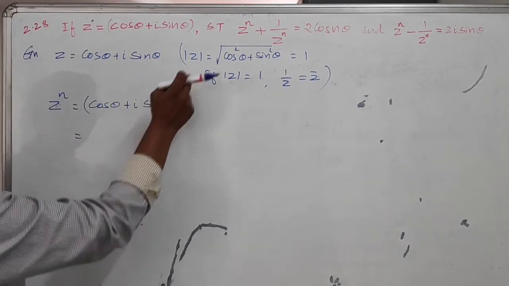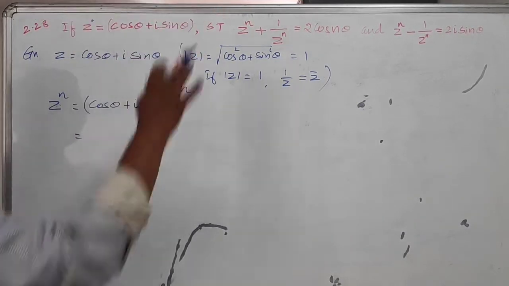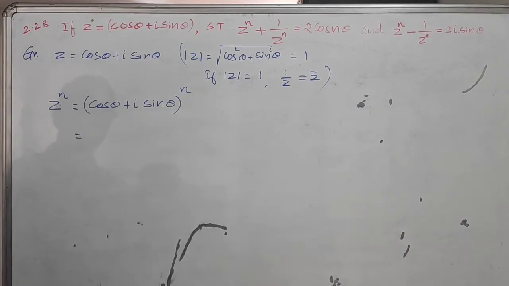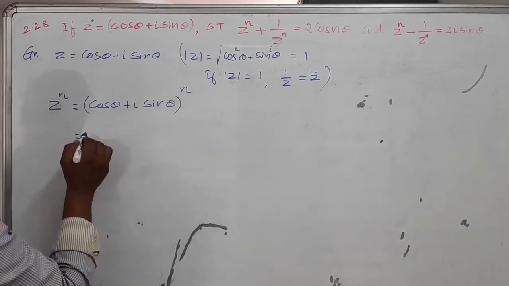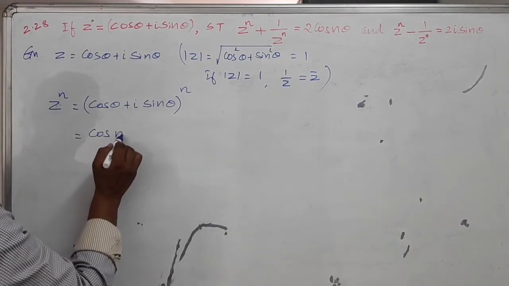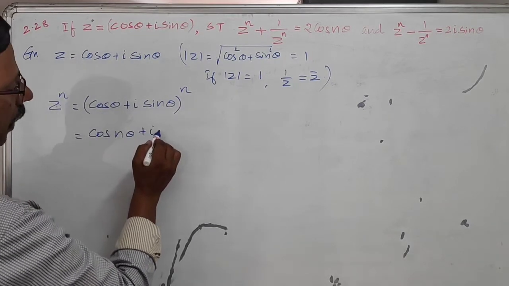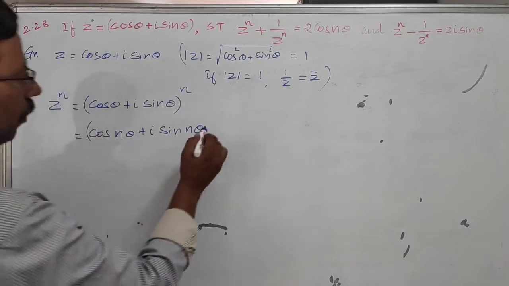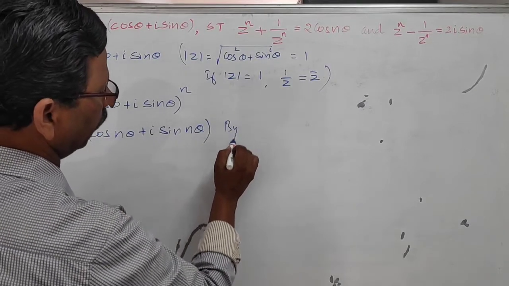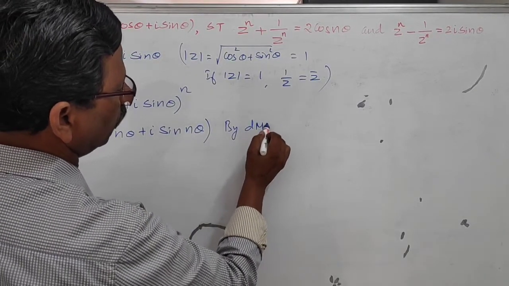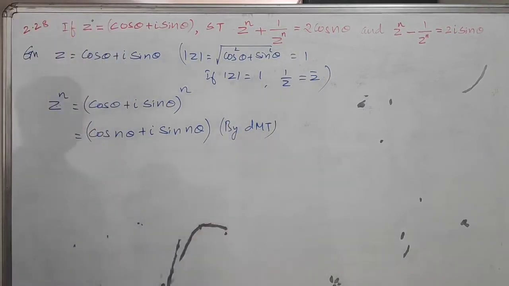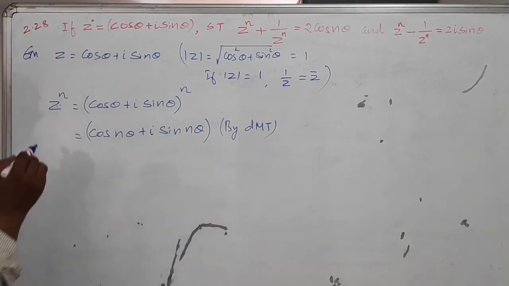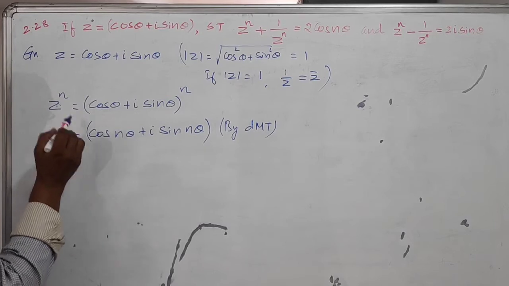Therefore, because we are raising to any power, we can apply De Moivre's theorem directly. You can get cos n theta plus i sin n theta. This is by applying De Moivre's theorem, DMT. Okay, now this is z power n.